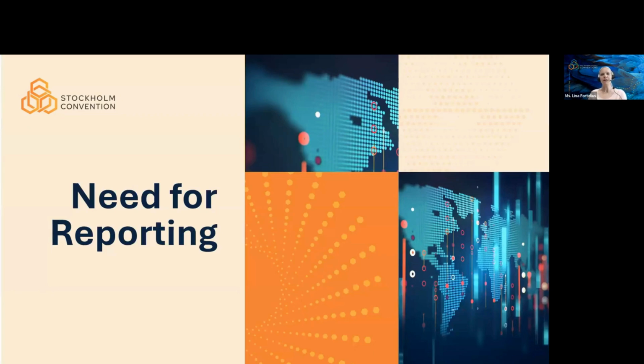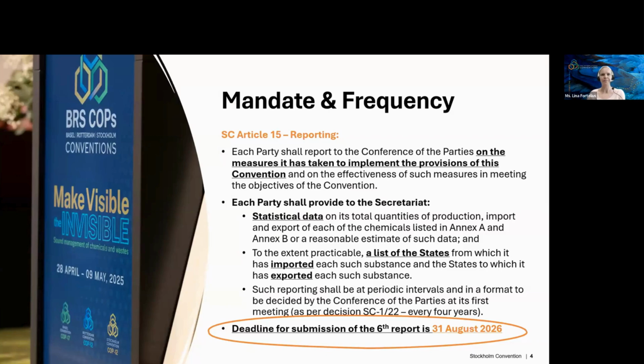So let's start by looking at why we need to report. Article 15 of the Stockholm Convention, which you see here on the screen, requires each party to report periodically to the Conference of the Parties on the measures it has taken to implement the provisions of the Convention and on the effectiveness of such measures in meeting the objectives of the Convention.